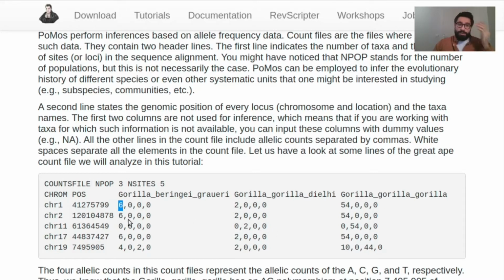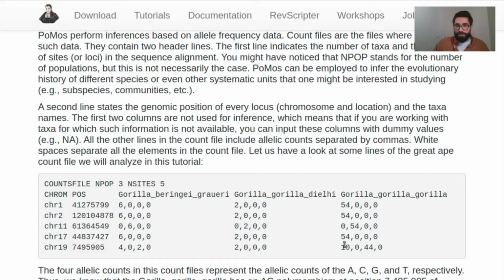I will tell you these counts were organized following this order: A, C, G, and T. So I know that at position 4000 for this specific position in chromosome 1, the Gorilla beringei graueri has an observed fixed site of the type A, and this is what I'm observing here.